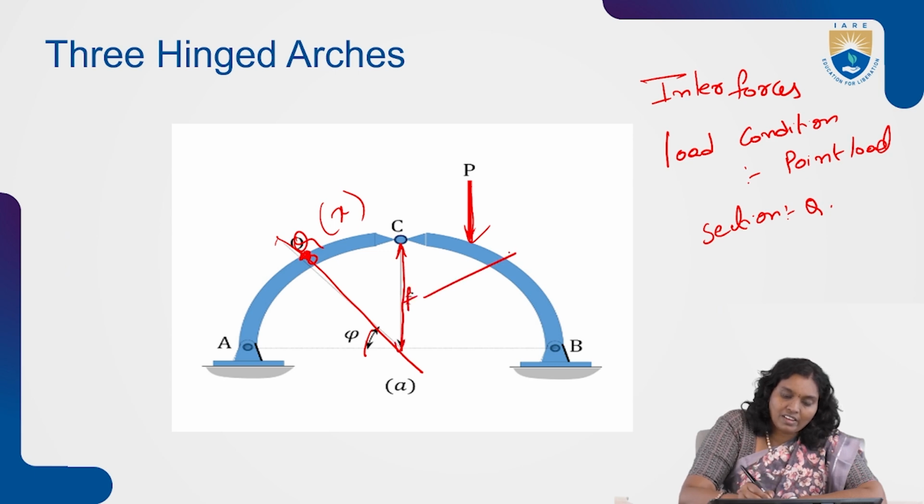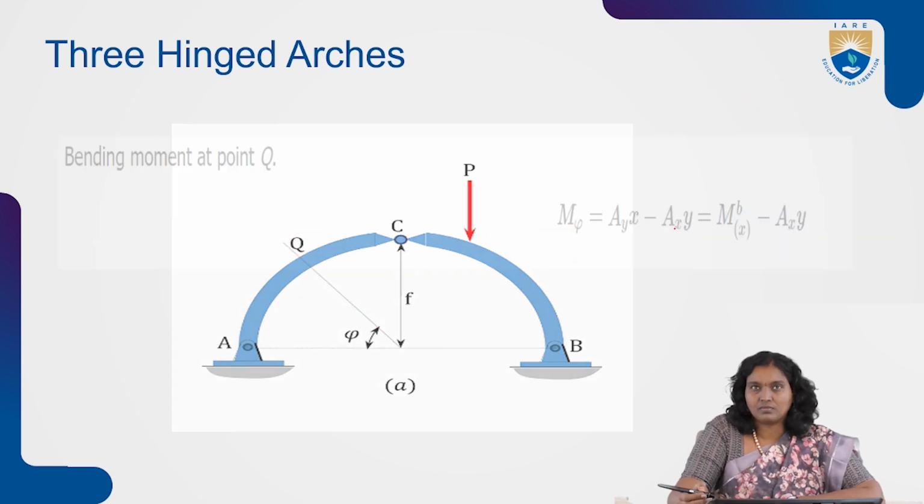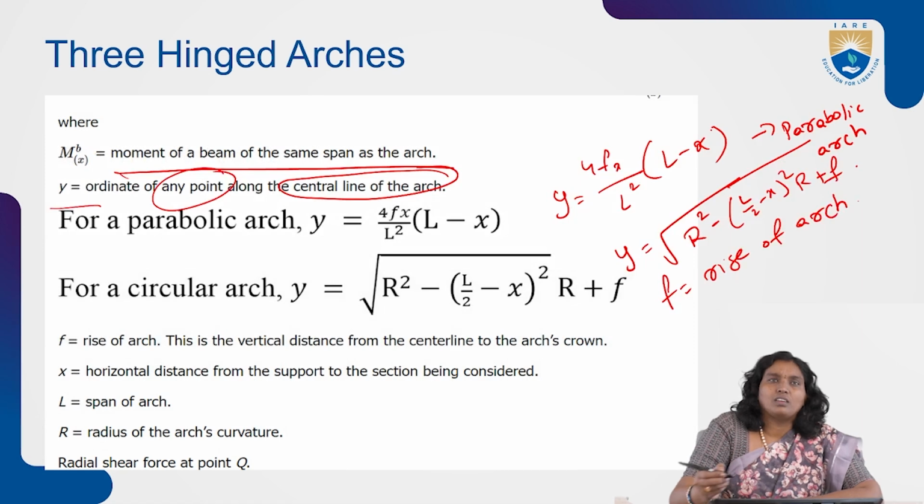Here we consider this is F. This is the vertical line from C. So this is the vertical line and F is the rise of the arch. It is the vertical distance from the center line to the arch crown.